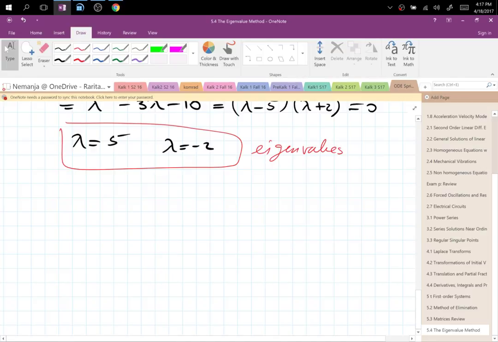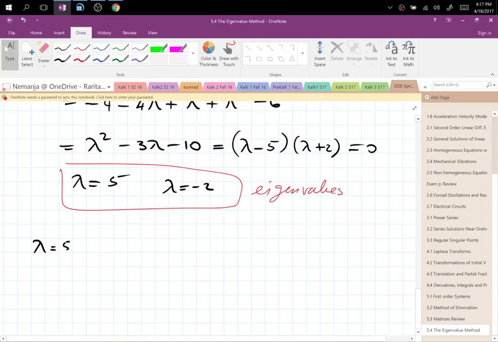So that's what we're looking for. Okay, so now what do I do? I found these two values, and I'm going to start with lambda equals 5. So I want to find the eigenvector for lambda equals 5.